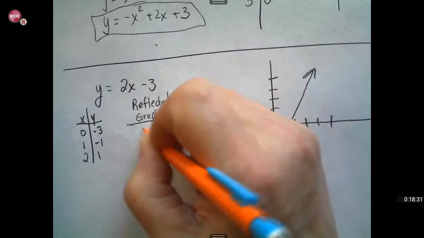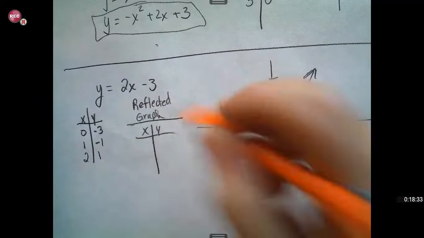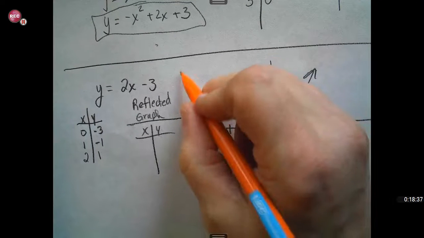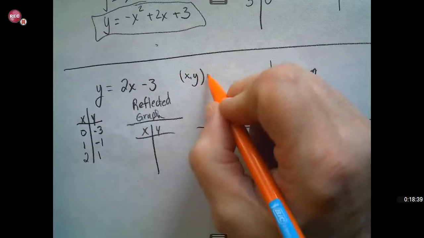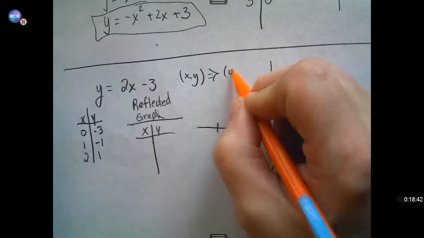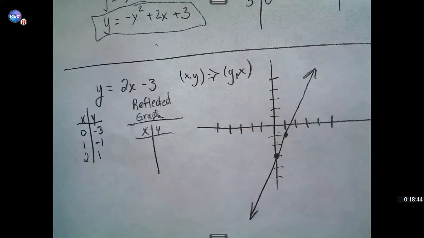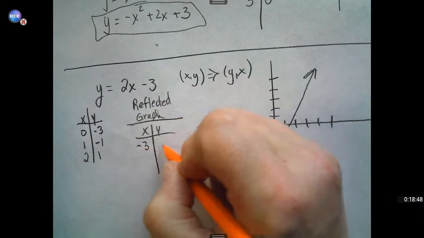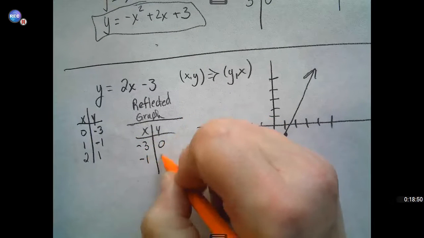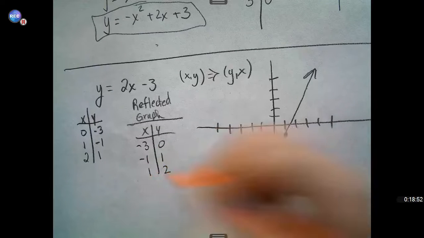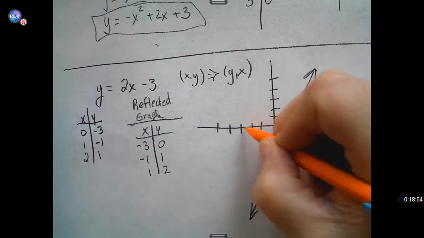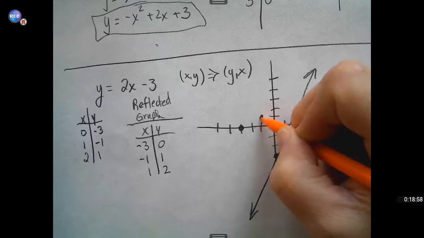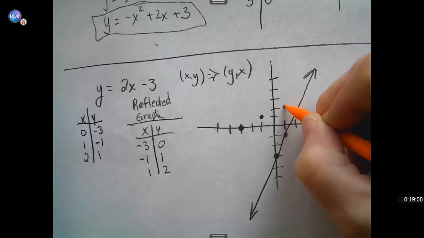Okay, so the reflected graph is going to have, and I'm reflecting over the line y equals x. So that means xy gets mapped into yx. Okay, so my points become -3, 0, -1, 1, and 1, 2. So -3, 0 is over here, -1, 1 is here, and 1, 2 is here.